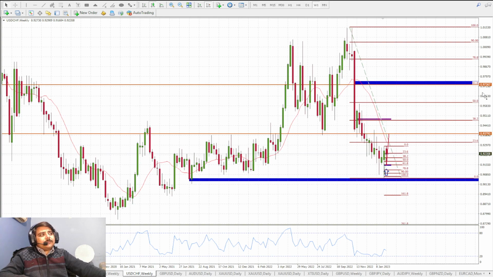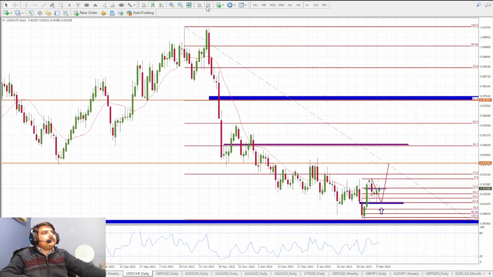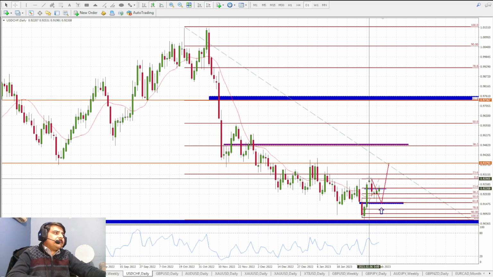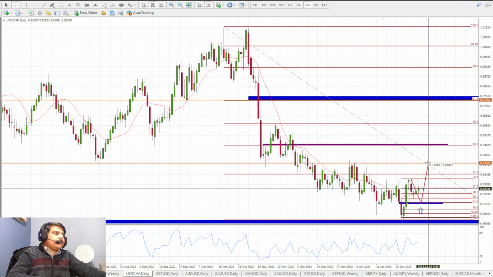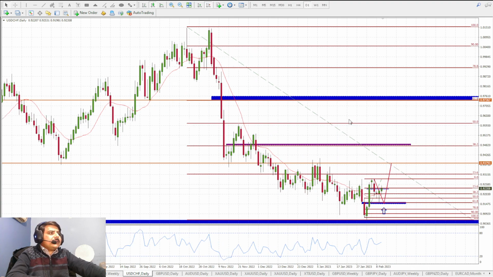Now it depends upon the market. 0.9379, let's see, I have discussed it. 9379 is this wave. So in the upcoming week, dollar Swiss franc, I see it bullish at least maybe till 54 pips further, or maybe, oops, 148 pips. So let's see. I'm bullish from here and I'm looking for 228 pips.